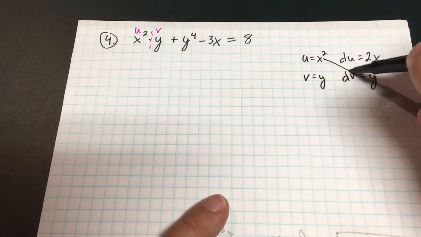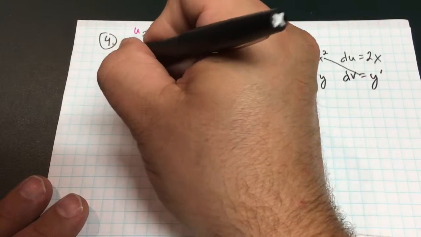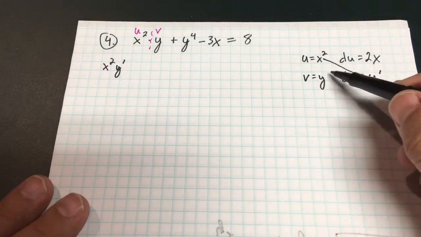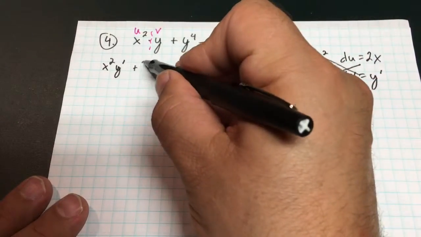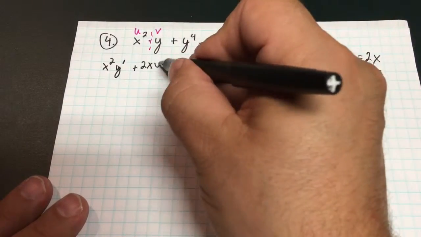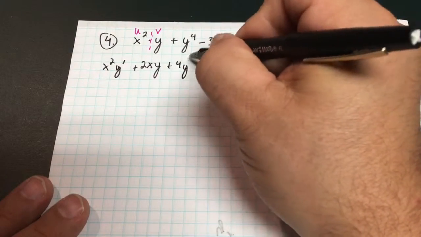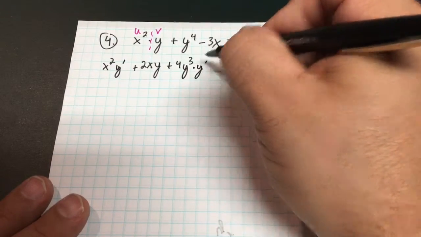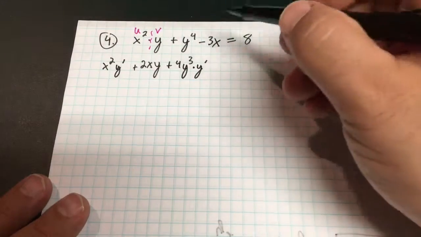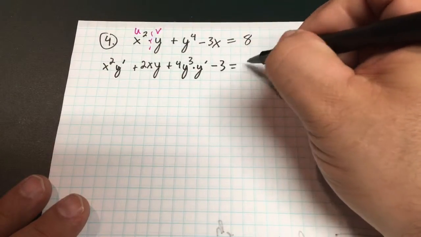Then it's u dv, so x squared y prime, plus v du, 2xy. I prefer to write it in alphabetical order. Plus 4y cubed y prime, don't forget I have to differentiate with respect to x, minus 3 equals 0.